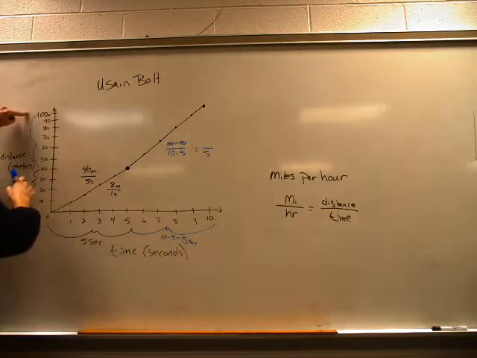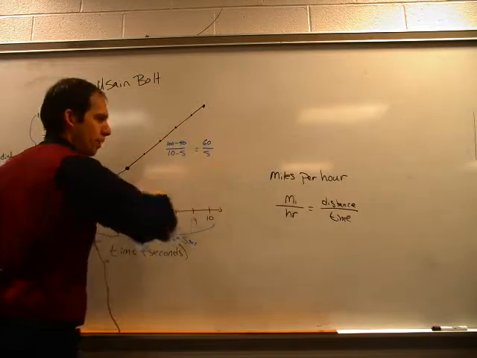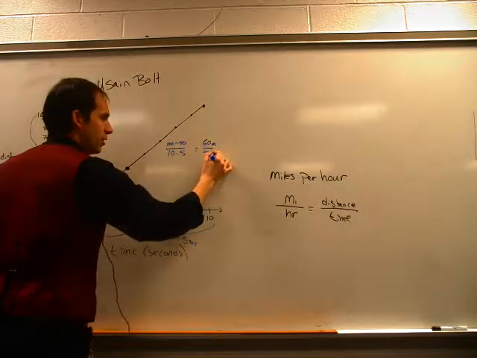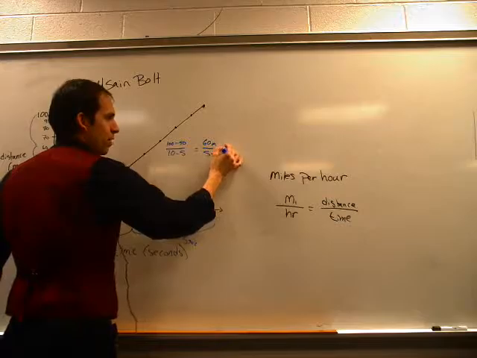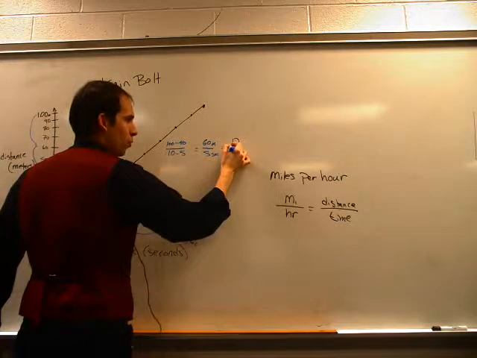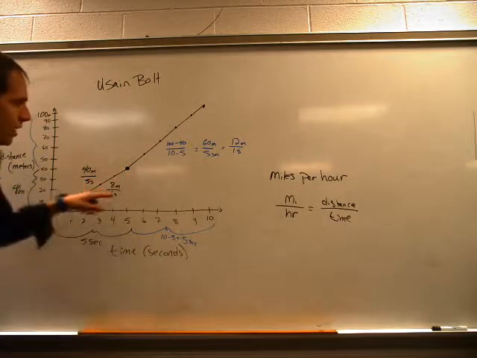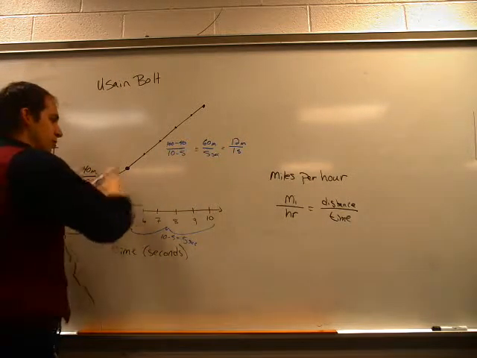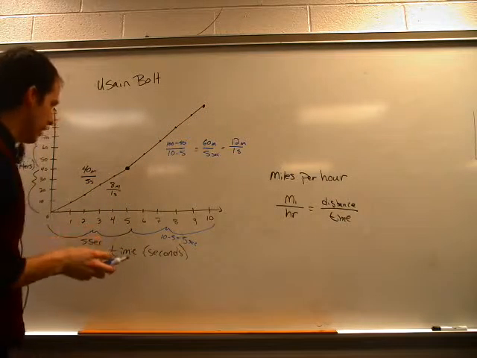Because this is where we're going and this is where we are. That's 60 meters, right? So he's going 60 meters every 5 seconds. All right? And if we simplify that, that's about 12. So 60 divided by 5, that's 12 meters in 1 second. So he goes from 8 meters a second to 12 meters a second. So he starts out at 8 meters a second, then he bursts up into about 12 meters a second for the last 60 yards.